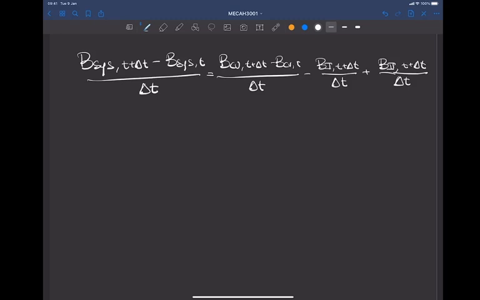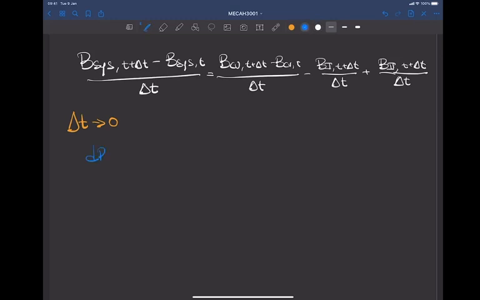Okay? Okay, this is great. So we already get some ideas of what we can do with that. In particular, if we take a delta t that goes to 0, and we use the definition of the derivatives, we basically get the following expression.